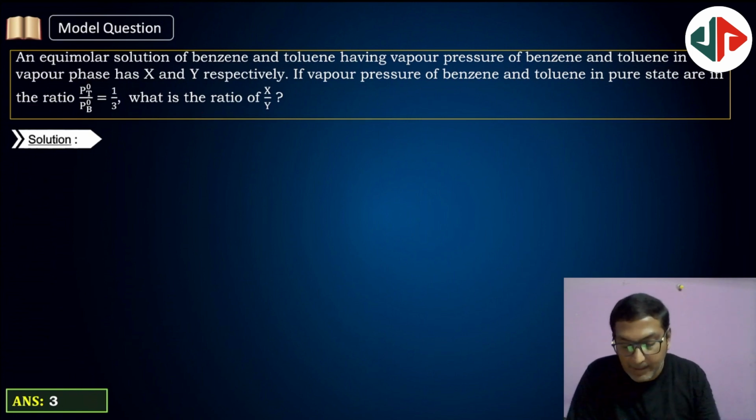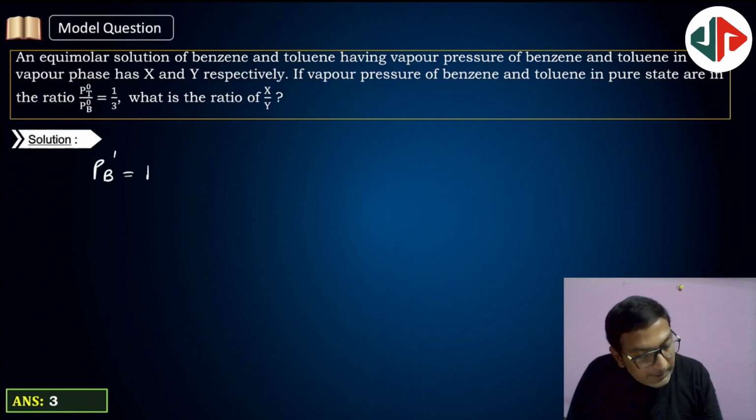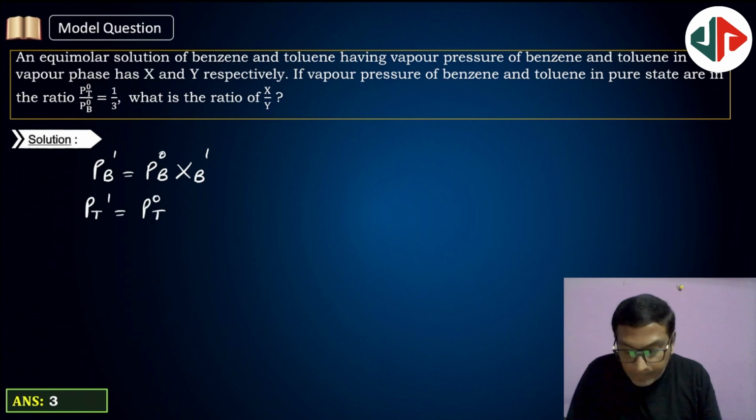So first, the pressure of benzene in the vapor state equals P naught B into XB dash. Similarly, PT dash equals P naught T into XT dash.